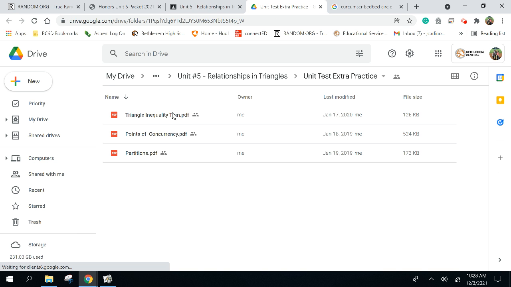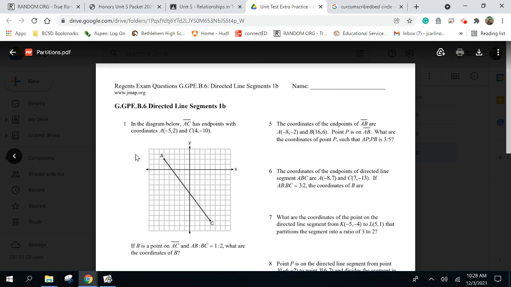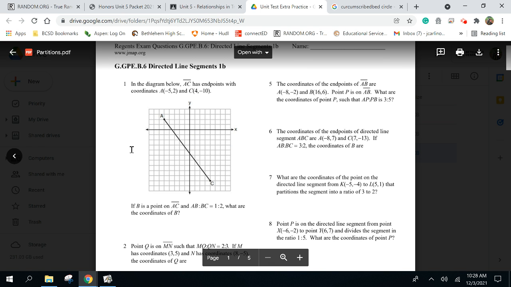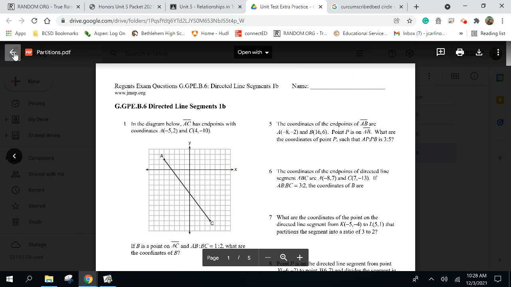So if you want some help on the triangle facts we're doing this unit, there's a worksheet for you. Orthocenter, in-center, centroid work right there. Oh, partition work. Whole bunch of questions on partitions with answers. Because, hey, there's none in your packet. The only place you're going to find partition practice is on that document.